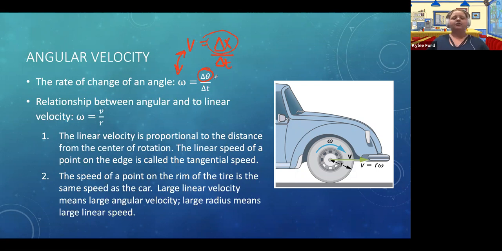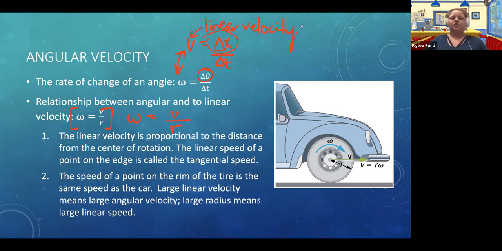We can look at both of these and compare them. We have this relationship between angular and linear velocity. This v would be linear, because it's not rotational. We can say that omega, that's what that little w looks like, it's actually called an omega, equals my linear velocity over some radius.